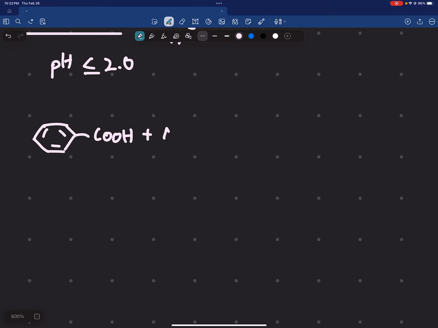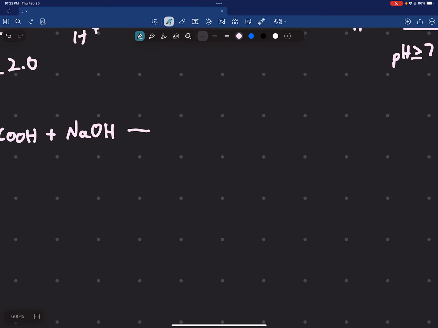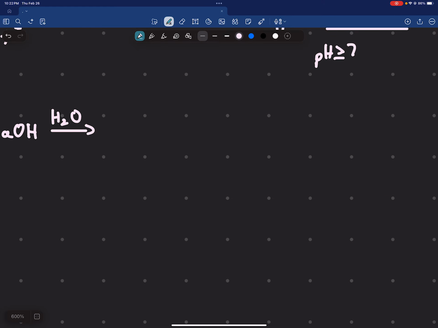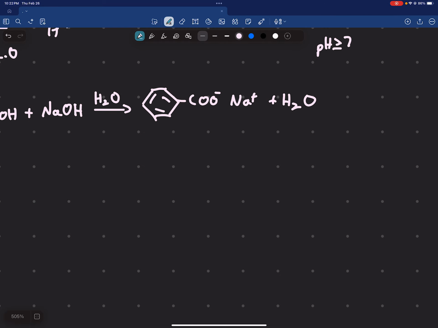But if we were to add that to sodium hydroxide and water, it will give us sodium benzoate, which is very soluble in water. Like so.